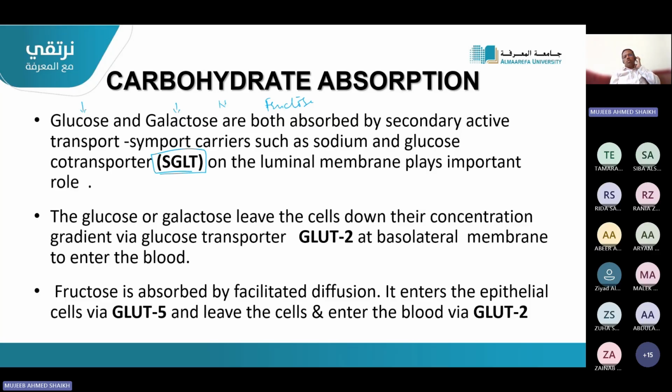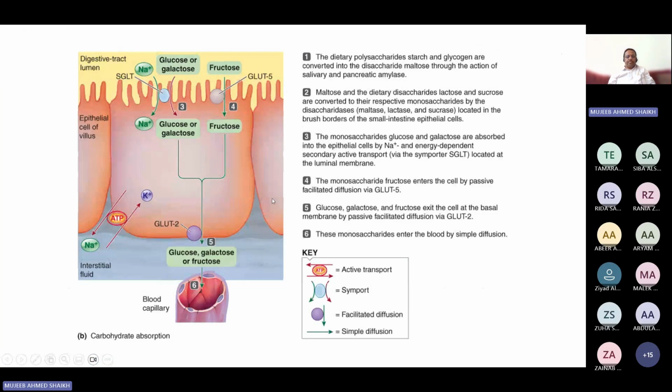Okay. So instead of going to this slide, I will go to the picture. So see this picture. This is the lumen. On this yellow side is the lumen, where whatever we eat reaches. Let's say glucose or galactose has reached here.